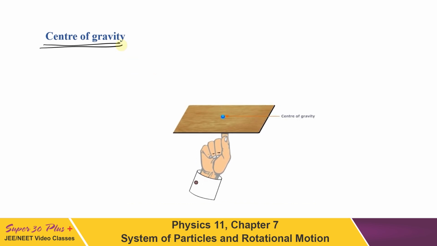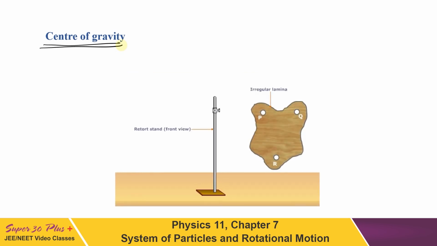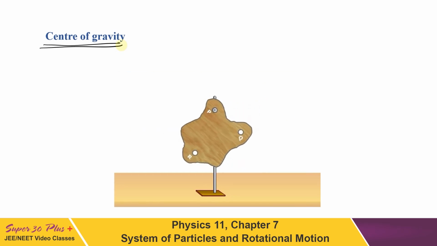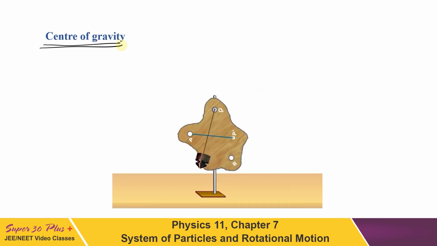We all are now familiar with the term center of mass. So it is almost like center of mass only, but here the center of gravity is a point where we have to assume the whole weight of the body to be concentrated. Now if you can recall, in center of mass we had said that it is the point where the whole mass of the body has to be concentrated, and here it is the whole weight.